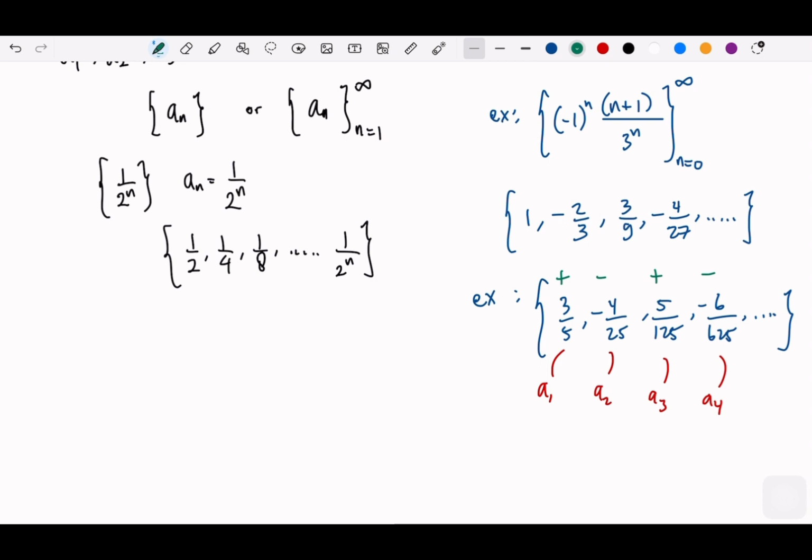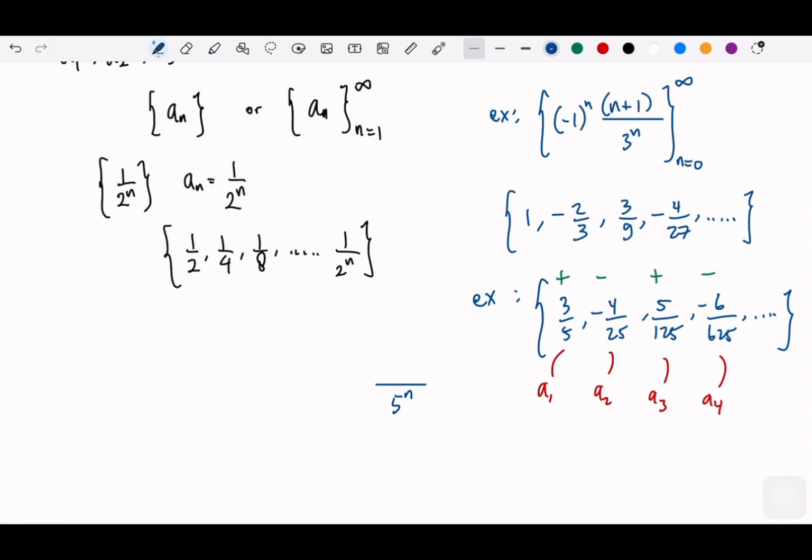But then we see that the denominator starts from 5. The second one is 25. The next one is 125. And then we see that these are multiples of 5, so we multiply by 5, 5, 5 for the denominator. So the denominator will be 5 with power of some n.